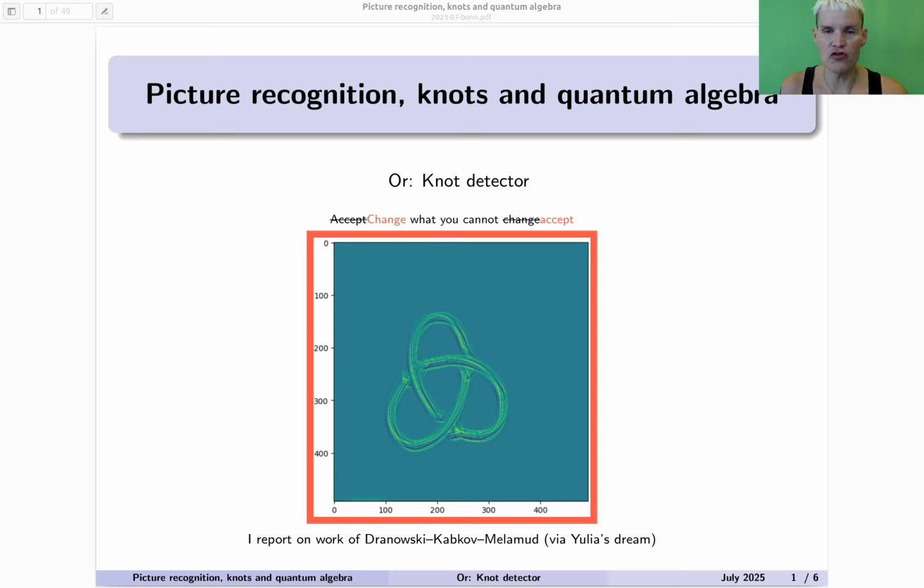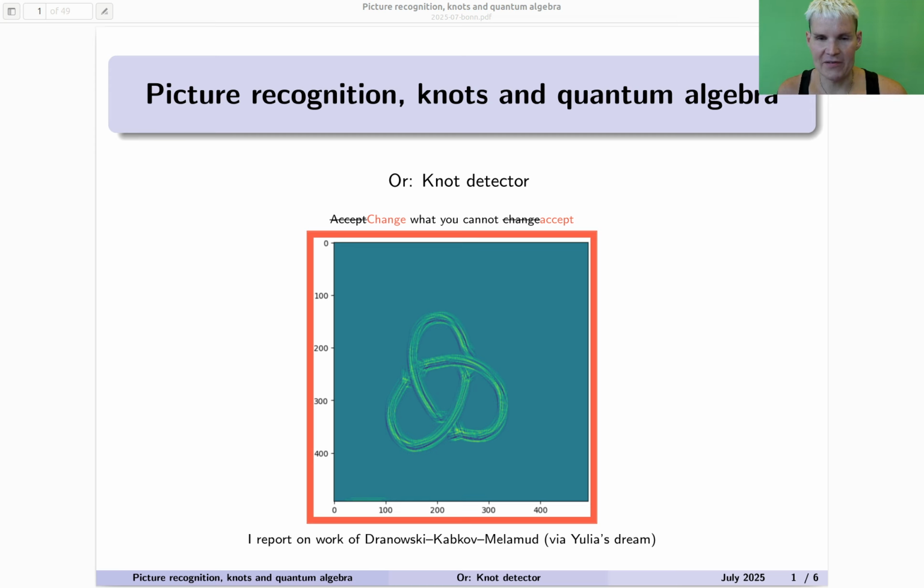So there's some way to automatically detect the face. Picture recognition, automatically detecting whatever. And I got very excited about the opportunity to use the same idea in mathematics. So instead of having a face that you want to recognize because you have some immigration into some country, you want to recognize a mathematical object.